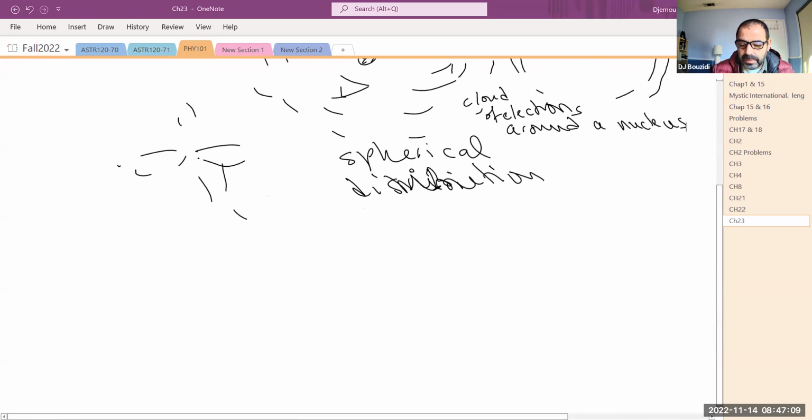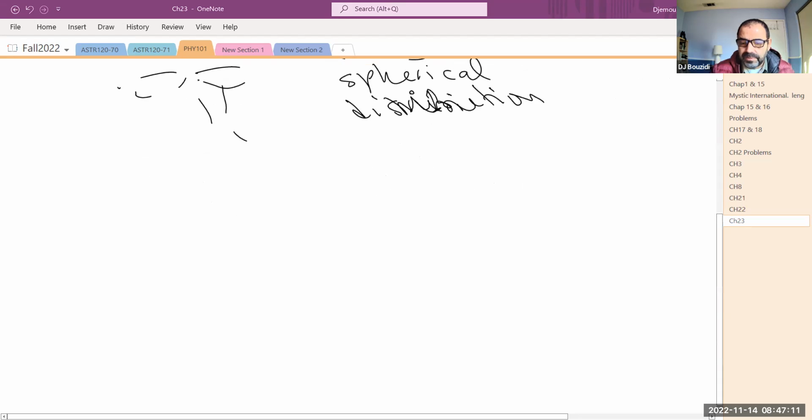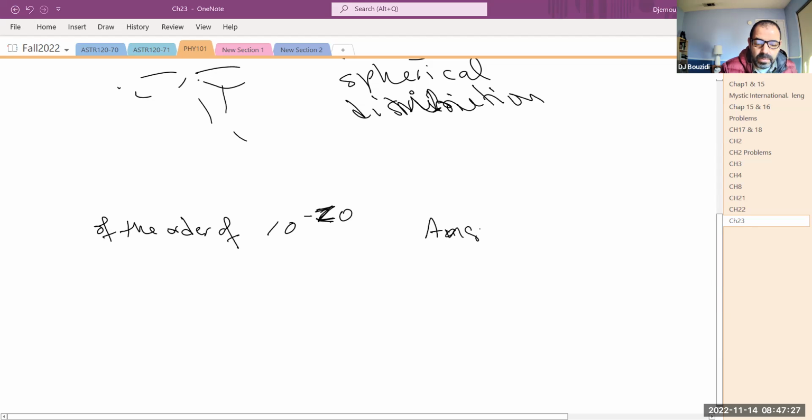We know the size of the atom is of the order of 10 to the negative 10 meters. I'm not saying it's exactly equal, it's of the order of 10 to the negative 10 meters. This has a name. They call it angstrom.